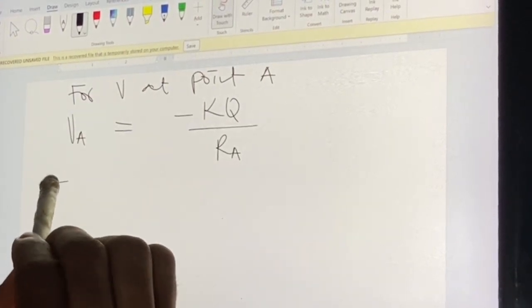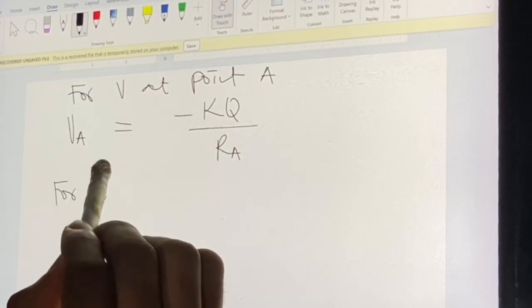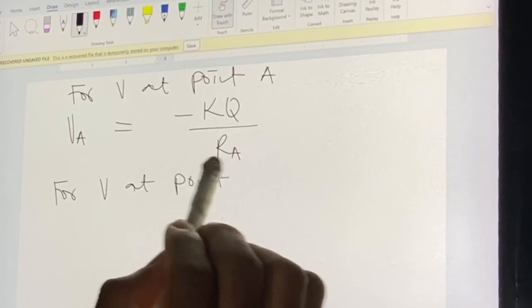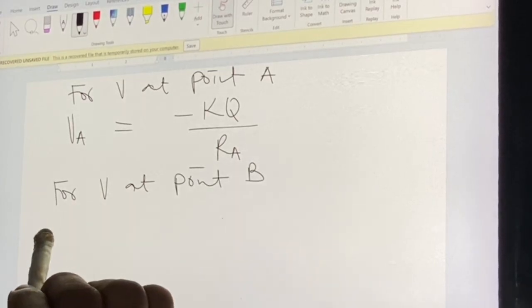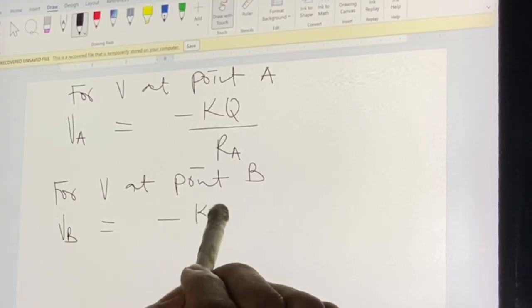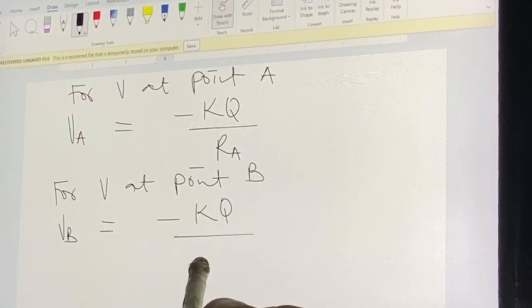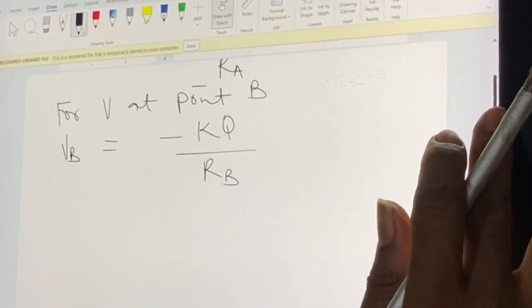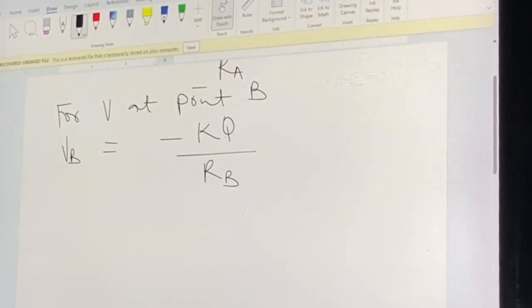Now for electric potential at point B, our VB will be equal to minus KQ over RB. To express the difference in electric potential, we get electric potential difference.